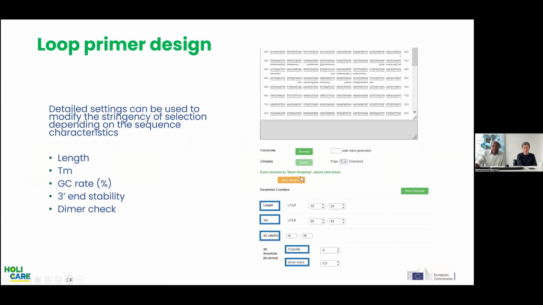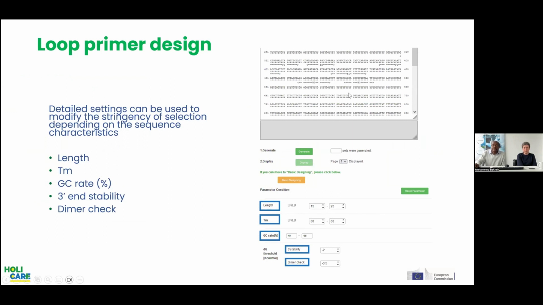it was basic, here advanced designing, then it will open a window with additional things that you can modify. One of these things is the length of the primer, the melting temperature. You can also modify the GC rate, the stability. You can ease these values a little bit.